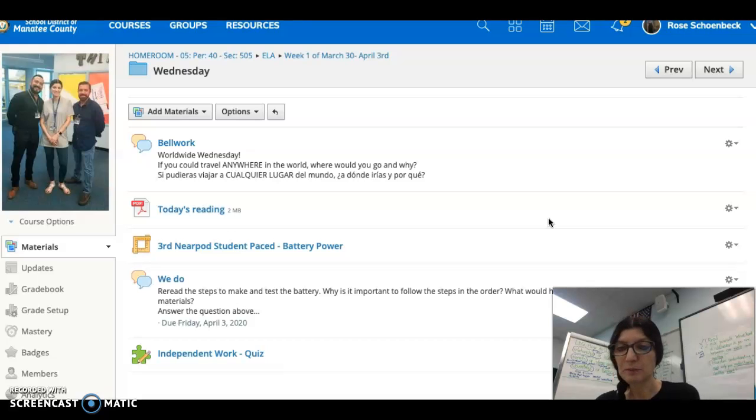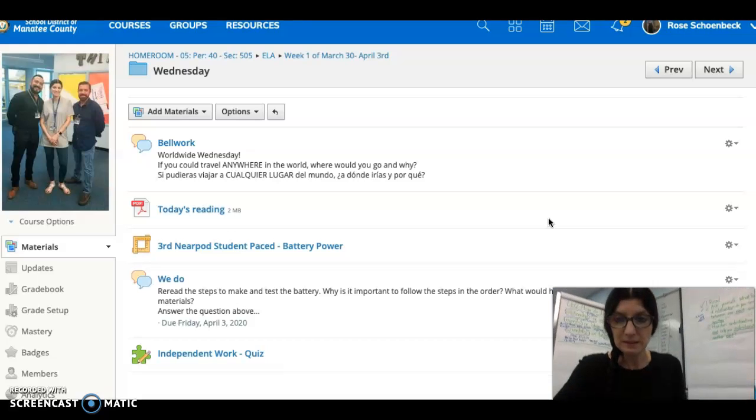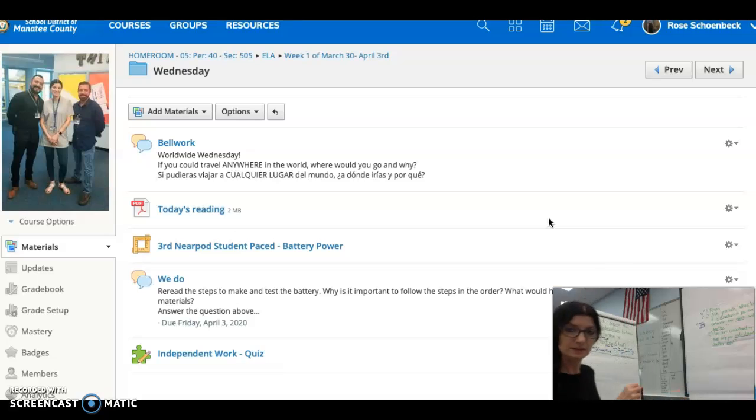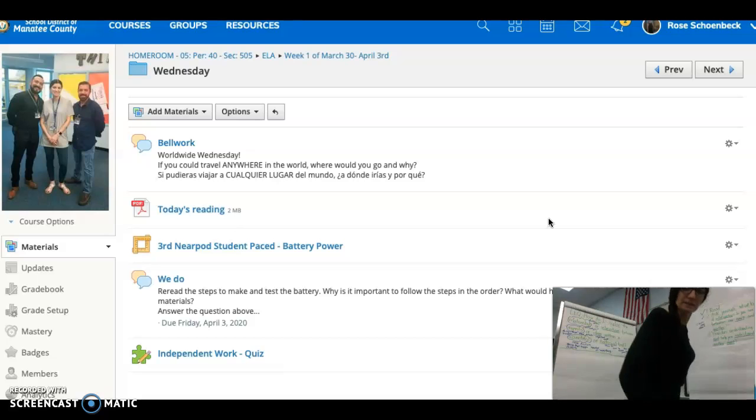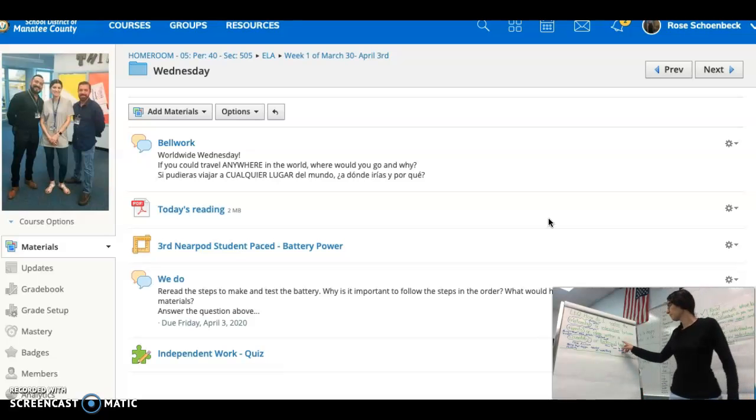So just recap. Here is our LEQ one more time. How do I explain the relationship, which can be problem and solution or cause and effect, or interactions between events or ideas within the scientific or technical text.